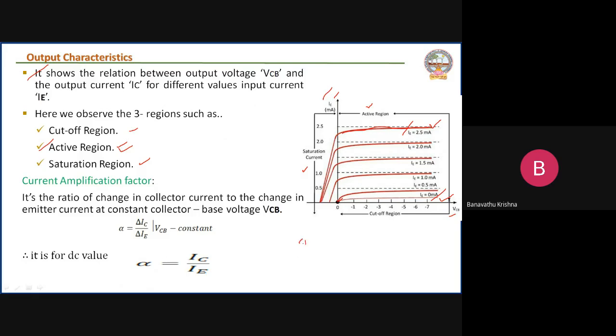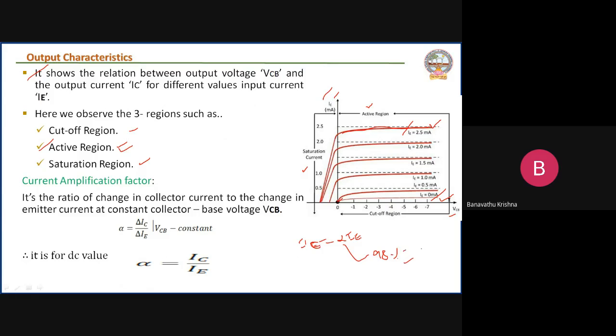Because, as I told you in the previous class, in the current components, IC equals alpha into IE, where IE is the emitter current and alpha is about 98% of charge carriers entering the collector region.